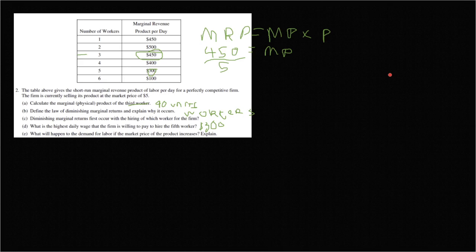And so if the price of the output increases, then the marginal revenue product increases, which means the demand curve has increased. So, we'll just say increase.